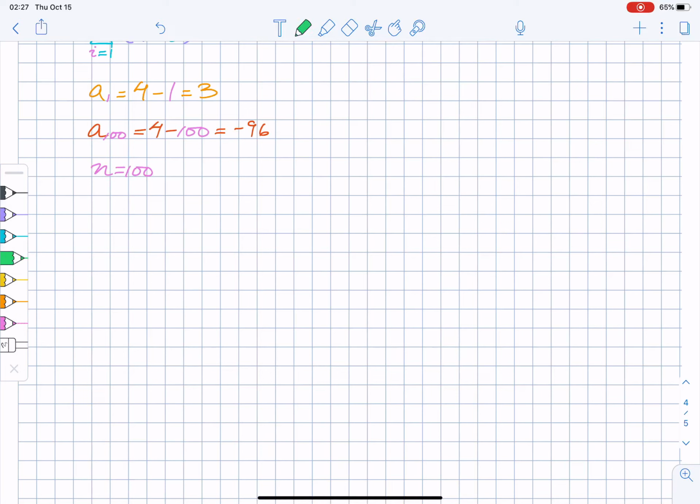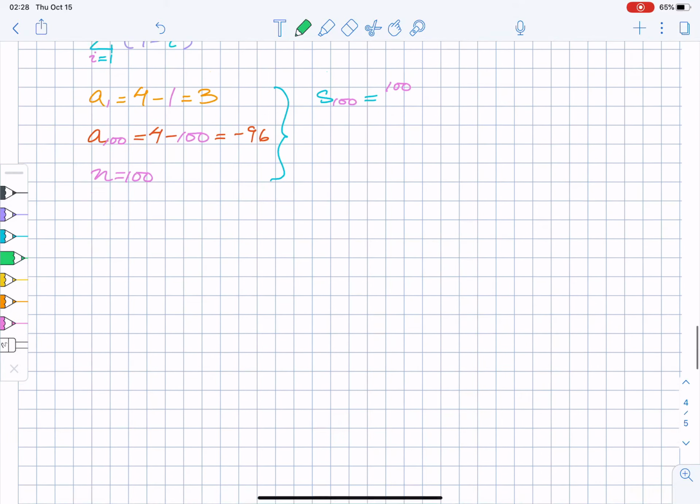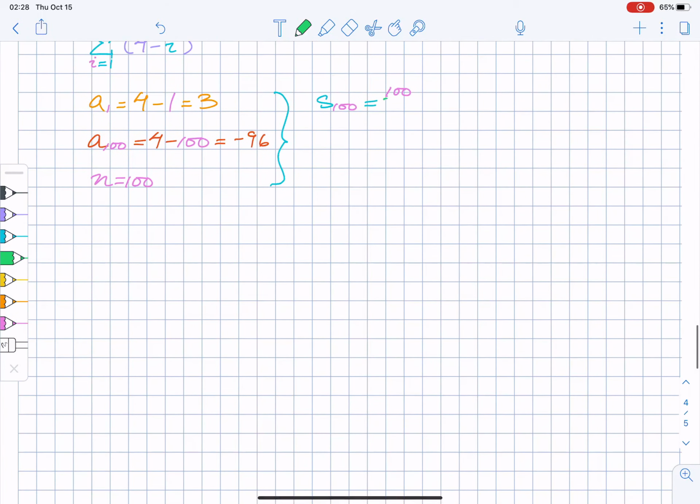Okay, so all together, I claim that the 100th partial sum is going to be n, which is 100, over 2 times the quantity a sub 1, which is 3, plus a sub n, which is a sub 100 in our case, which is negative 96.